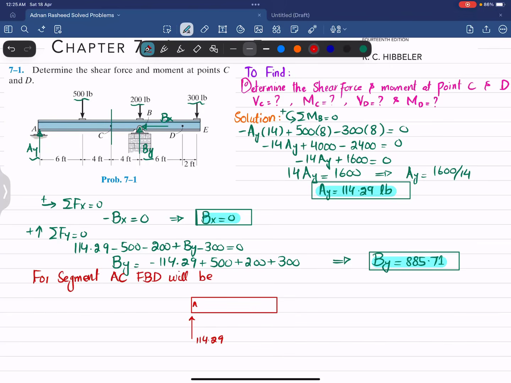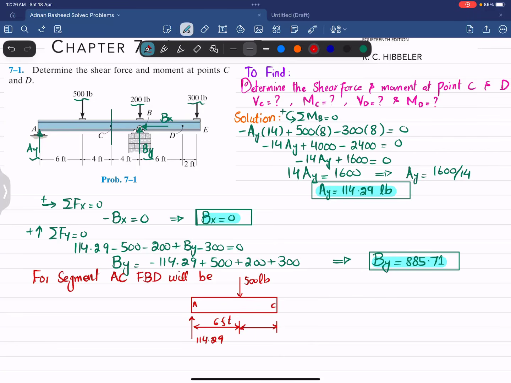At this point you have a 500 pound force, acting at a distance of 6 feet from point A. Clear? And this is your point C, which is at a distance of 4 feet from this load.